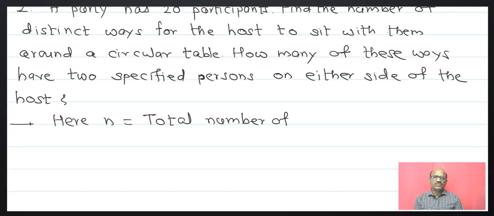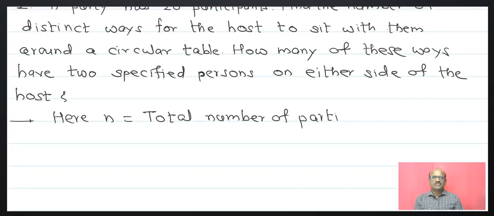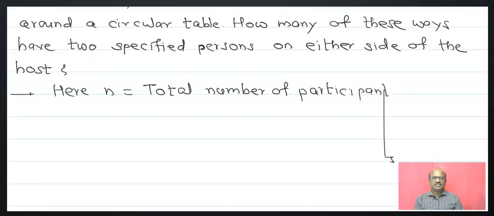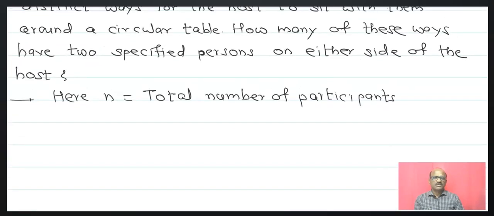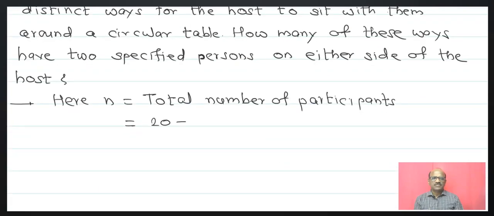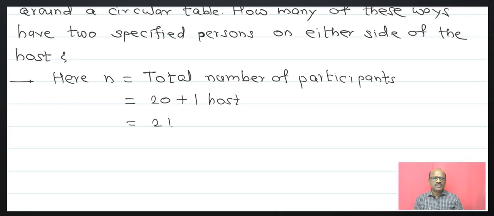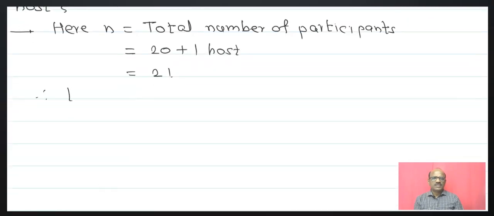Now here n is equal to 20 participants. Find the number of distinct ways for the host to sit with them. It's very normal. n is equal to the total number of participants, that is 20, and 20 plus 1 is 21. For their arrangement we use the first formula, n minus 1 factorial.